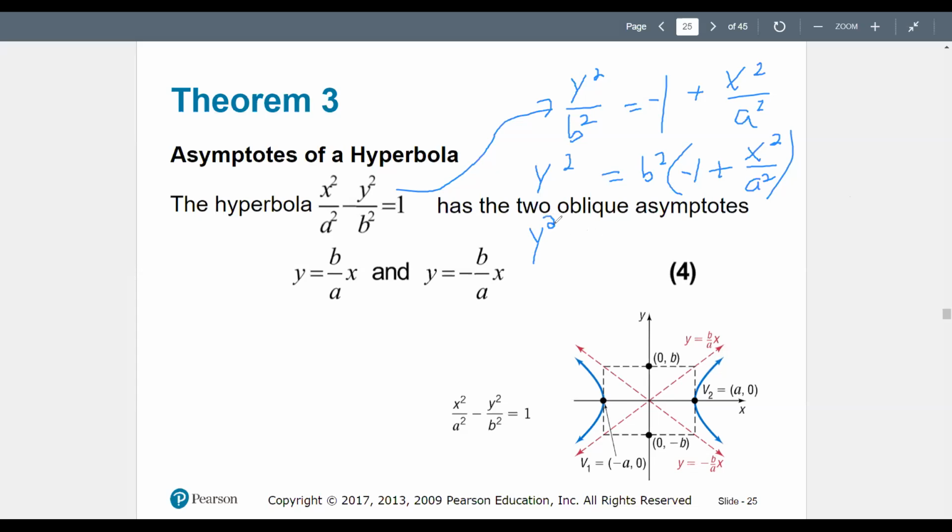So we end up getting y squared equal to b squared x squared over a squared times 1 minus a squared over x squared.